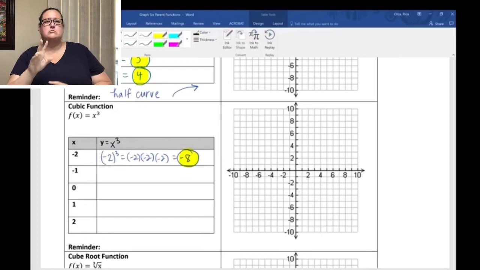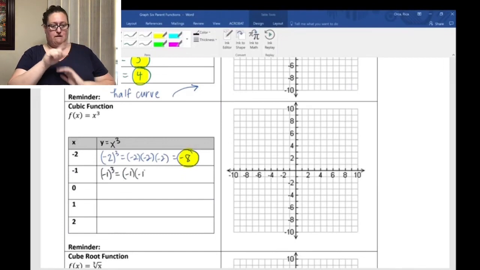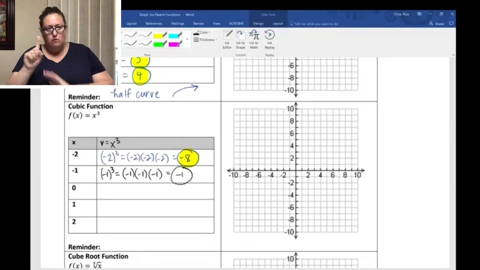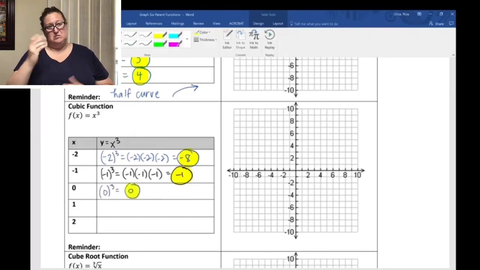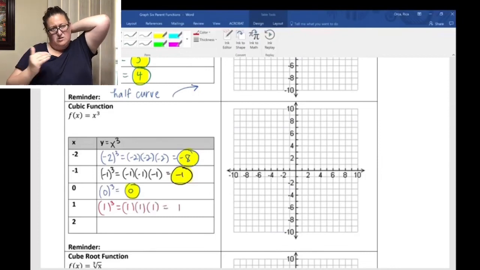When x equals -1, y will equal -1 to the third, which is -1 times -1 times -1, which is -1. When x equals 0, we'll get 0 to the third. 0 to the third is just 0. When x equals 1, we have 1 to the third, which is 1 times 1 times 1, which is 1.